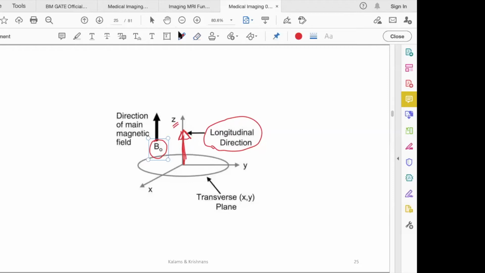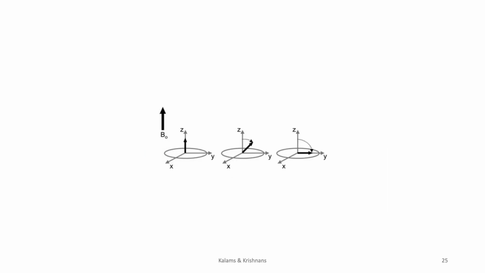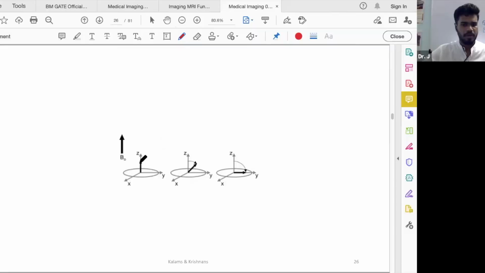Okay, let's go further. Now I have an external magnetic field, and the net magnetization of the object we are trying to image is aligned this way. What do we do next in MRI? The diagram shows that it starts tilting towards the transverse plane, the XY plane.